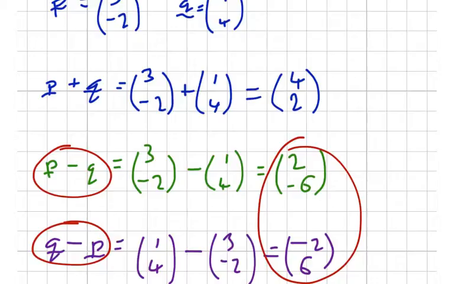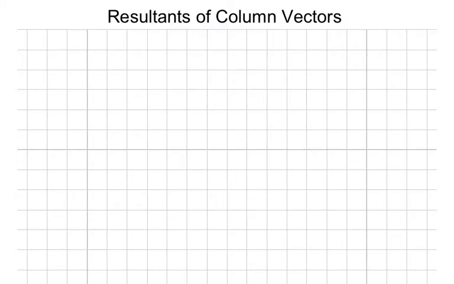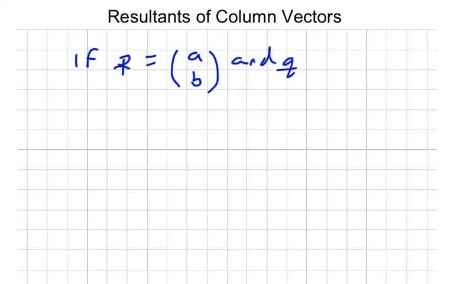So to recap all the rules that we have here, if we have things in column vectors, then if P is equal to the column vector (a, b), and Q is equal to the column vector (c, d), then we have two things.